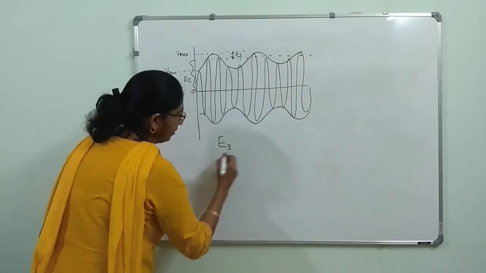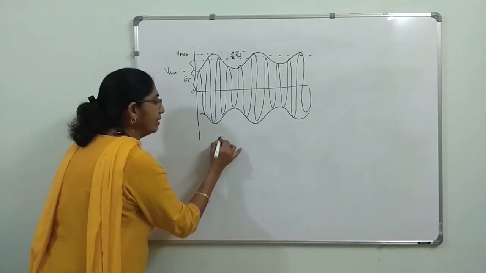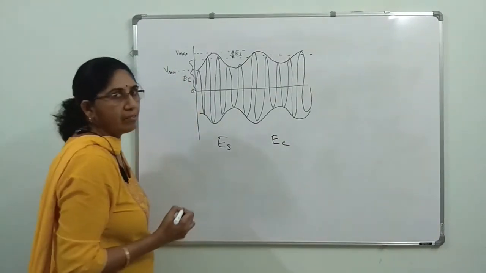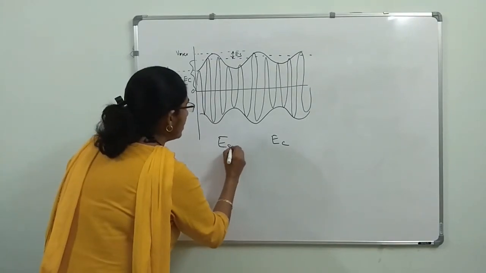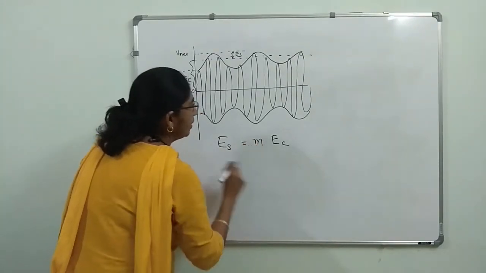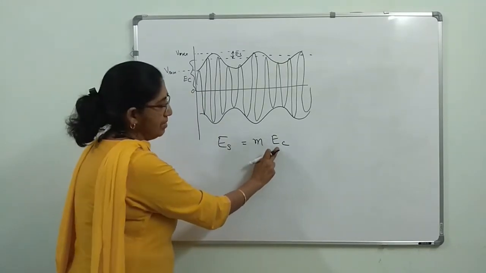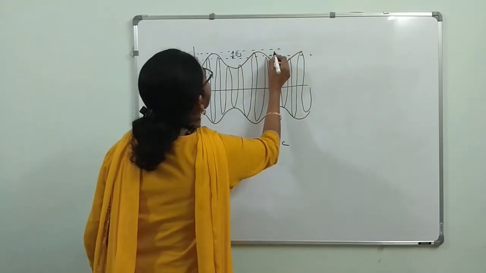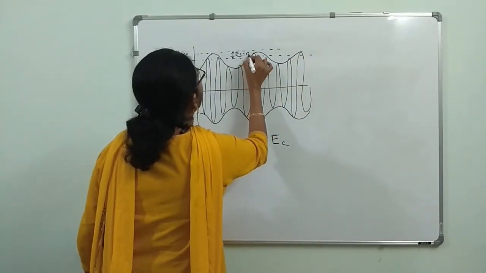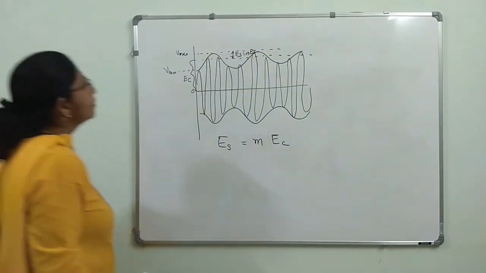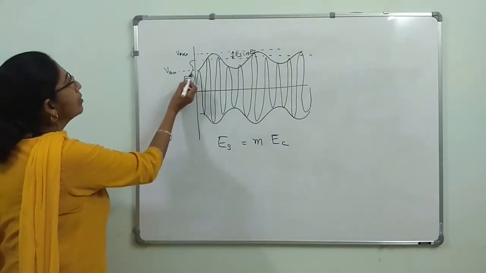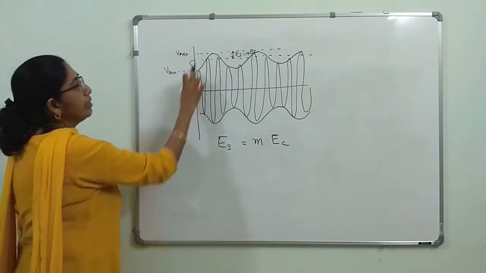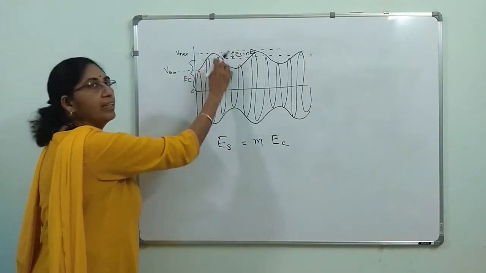ES is signal strength or electric field or voltage contained in the signal. EC is that of the carrier wave. Now ES is modulation factor times EC. So this we can write as ES equal to M EC. And this is V minimum, this is V maximum, and this was the position of the carrier wave initially. It has got modulated according to a signal.